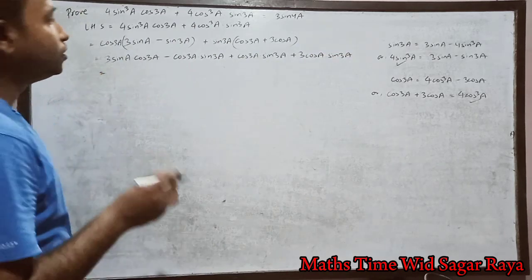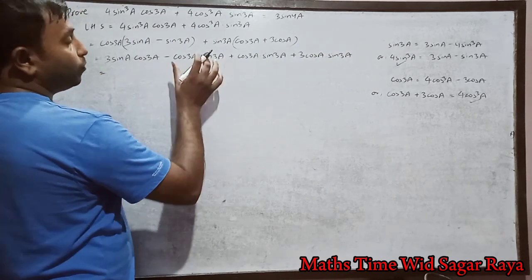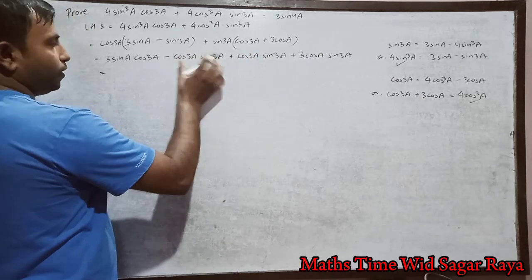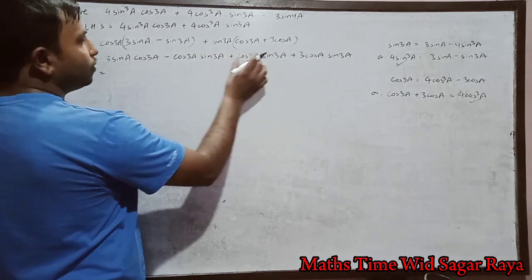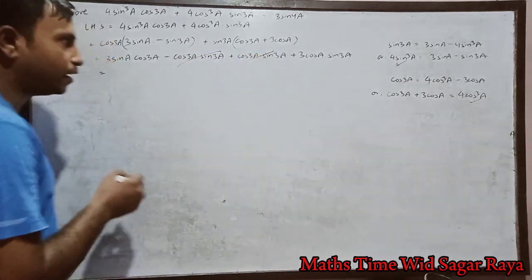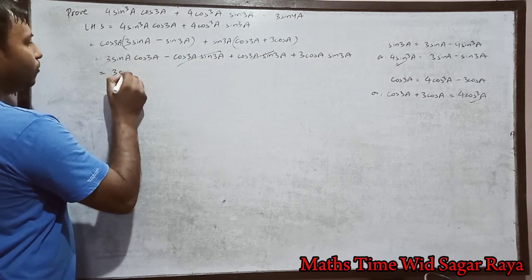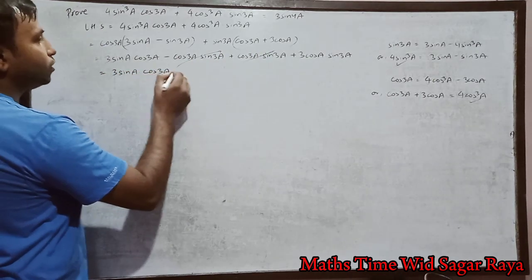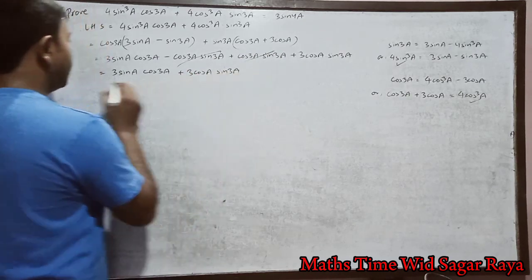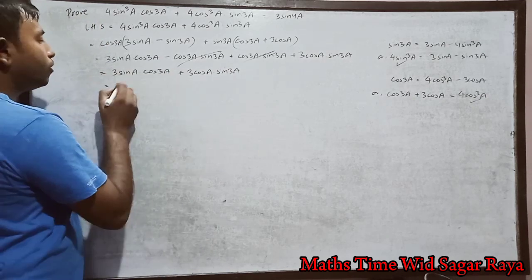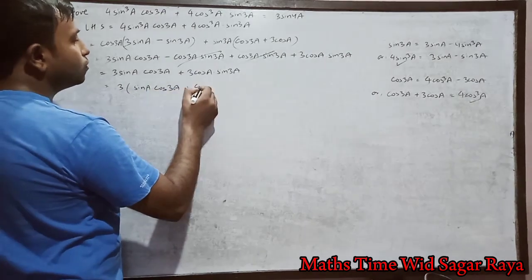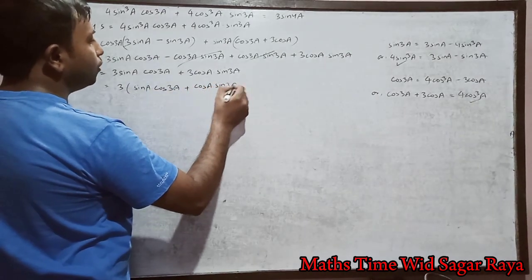Now if you look at the question very carefully, you can see this cos 3a sin 3a, here also cos 3a sin 3a, this one is positive and this one is negative, so we can cancel this. Now we have 3 sin a dot cos 3a plus 3 cos a dot sin 3a. If you take 3 common, then we have sin a dot cos 3a plus cos a dot sin 3a.